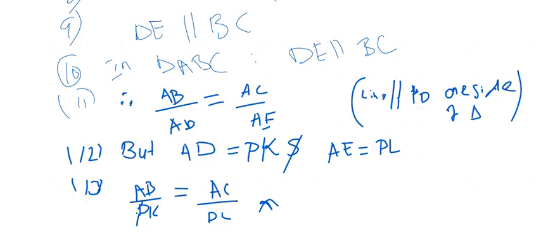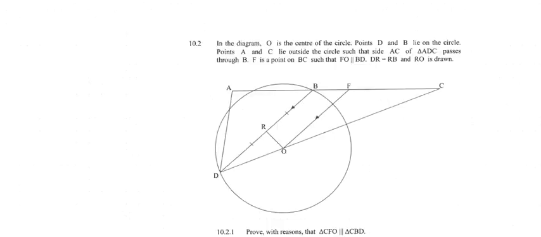So as you can see over here, in 10.2, in the diagram, O is the center of the circle. Point D and this point B lie on the circle. Points A and C lie outside of the circle, such that AC of triangle ADC passes through B, as you can see.